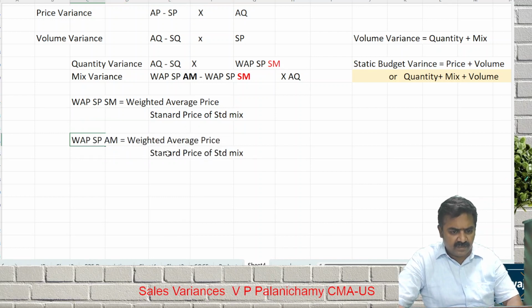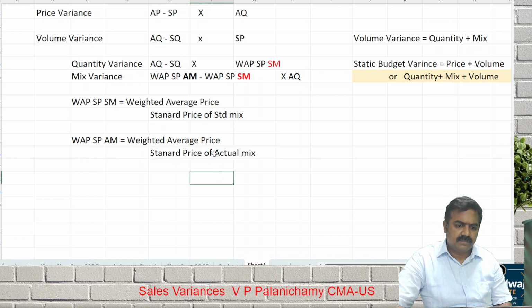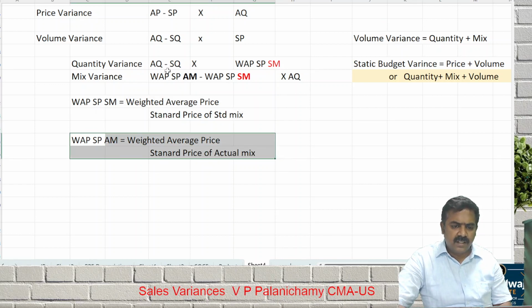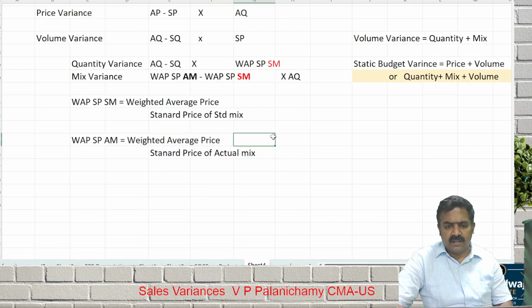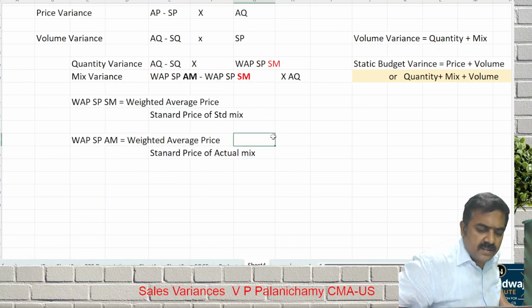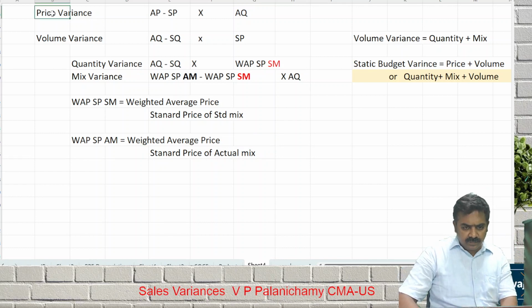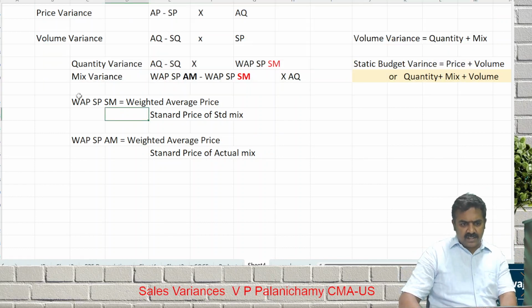AM refers to the weighted average price, the standard price of actual mix. The difference between the standard price of standard mix and the standard price of actual mix causes mix variance. We'll take up this problem, analyze it, understand it, and work it out.